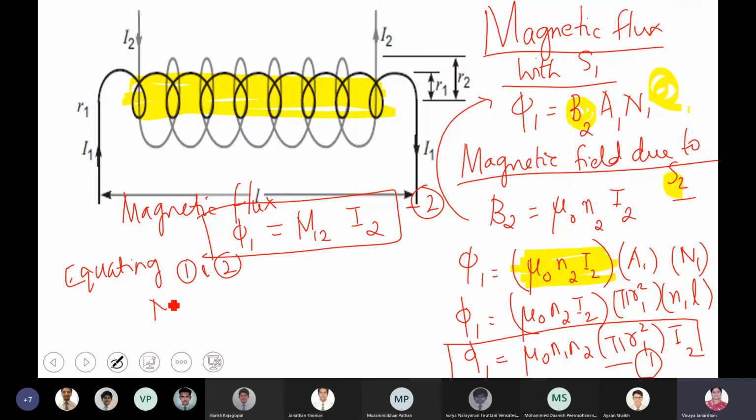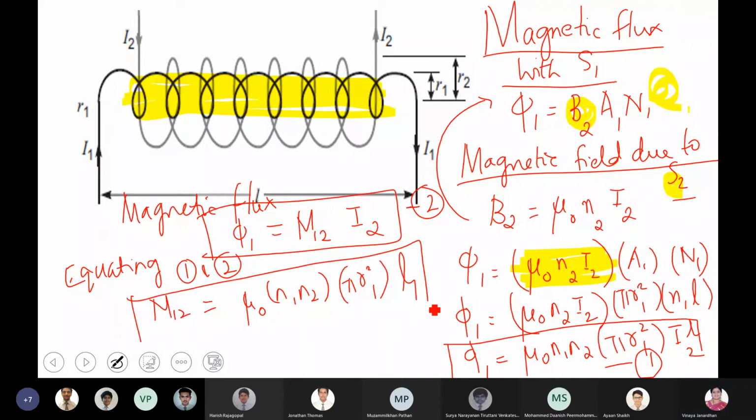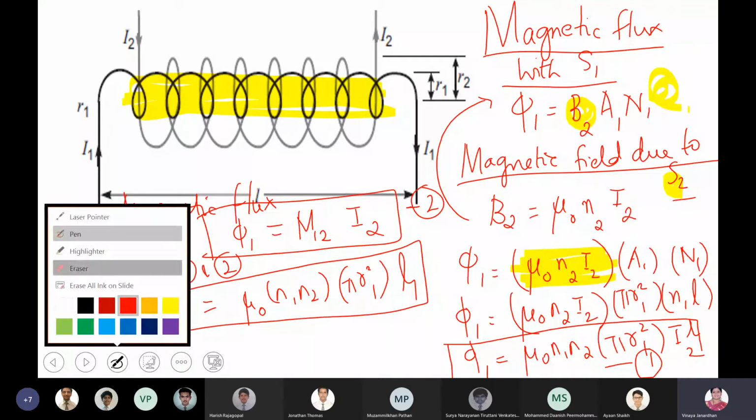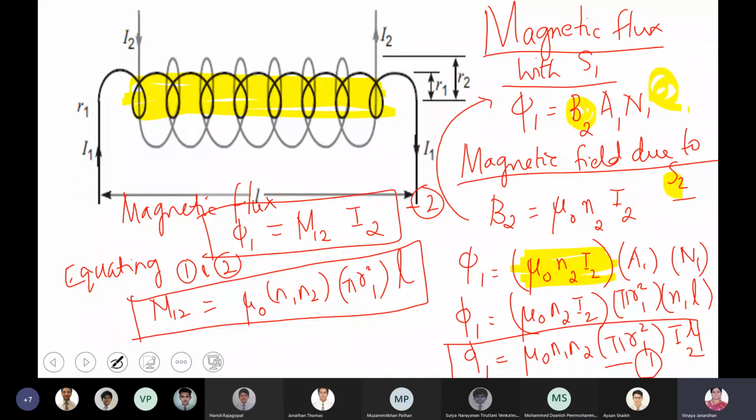On your left hand side, you will have M12, because I2 will cancel on both the sides. It's mu naught N1 N2, you will be having an L over here, so pi R1 square by L. Sorry, it's just L because both the coils have the same length. So this is the coefficient of mutual induction of the first coil with respect to the second coil.